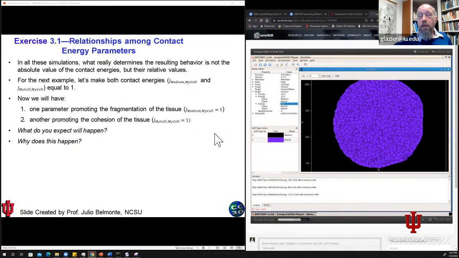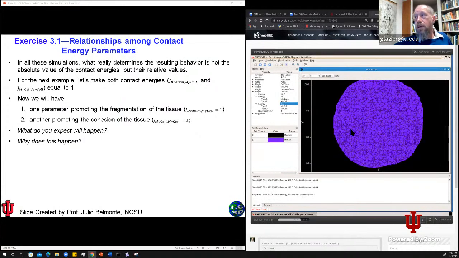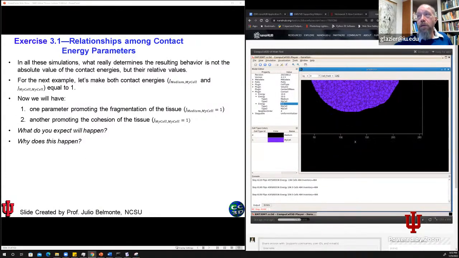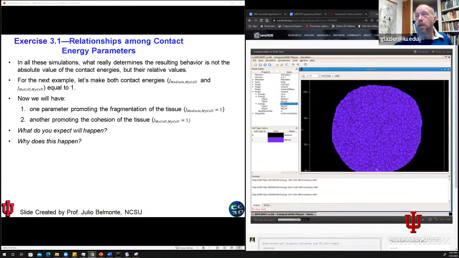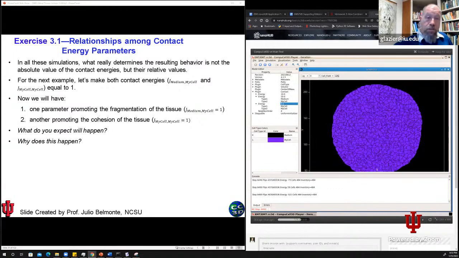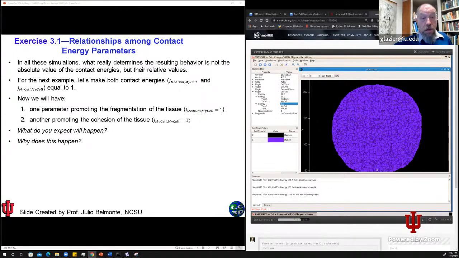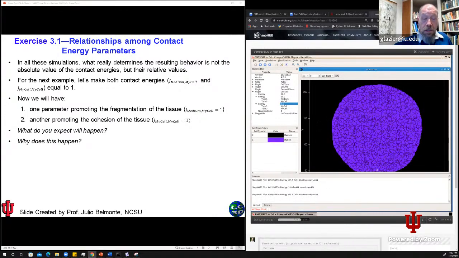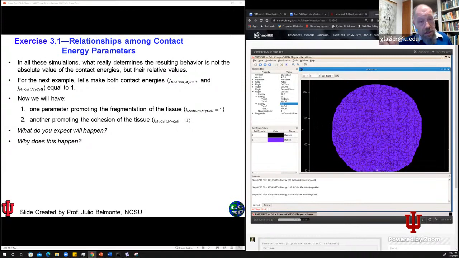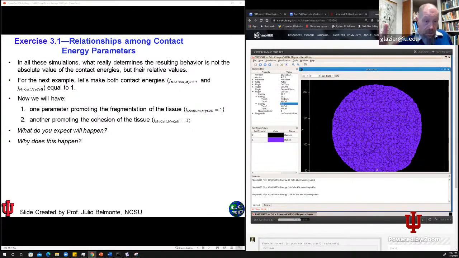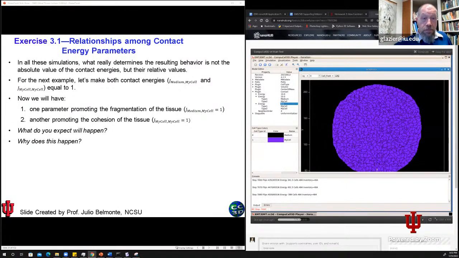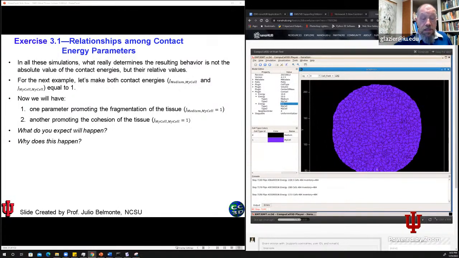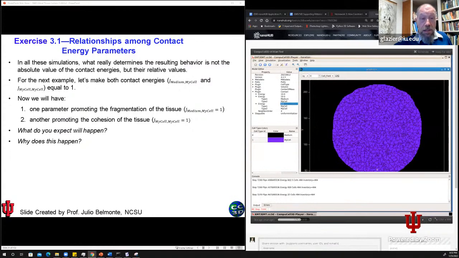So one of the things that we talked about was which is bigger, cell-cell or cell-medium contact energy. Before, when we made the cell-medium contact energy smaller than the cell-cell contact energy, we saw that the aggregate got loose, and eventually, when the cell-medium contact energy was less than half of the cell-cell contact energy.